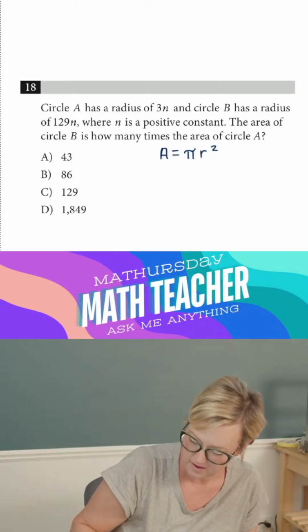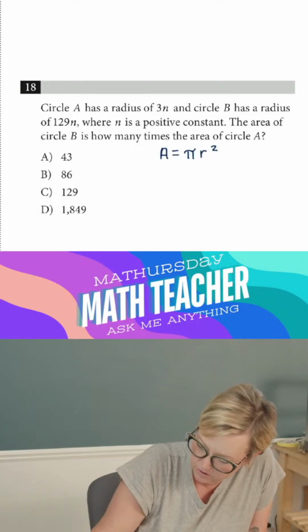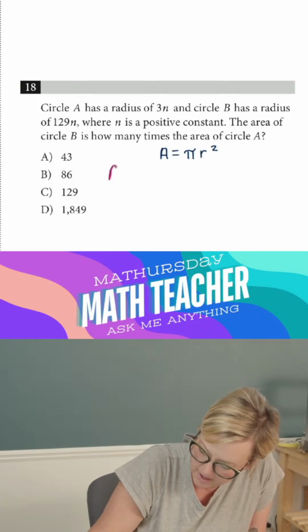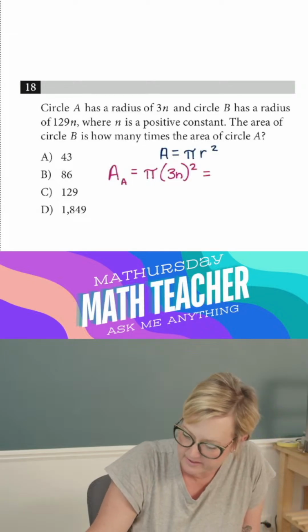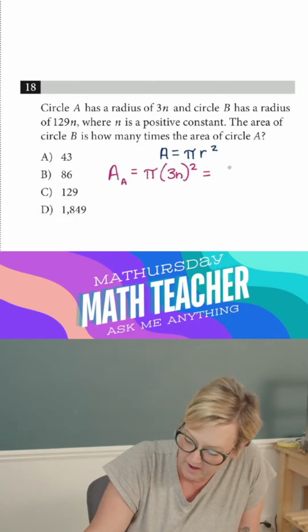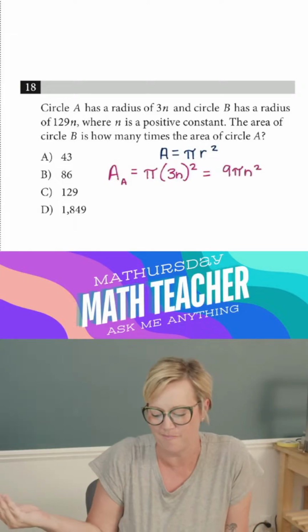Okay. All right, so the area of circle A is going to be pi times 3n squared, right? So 3n squared is 9n squared. So we can just say 9 pi n squared. It doesn't really matter the order.